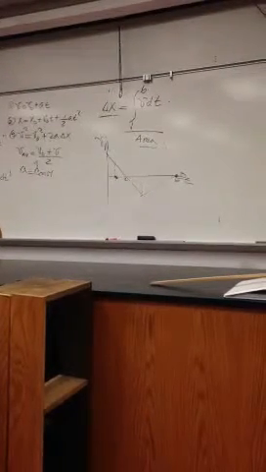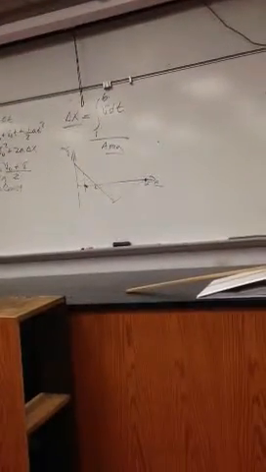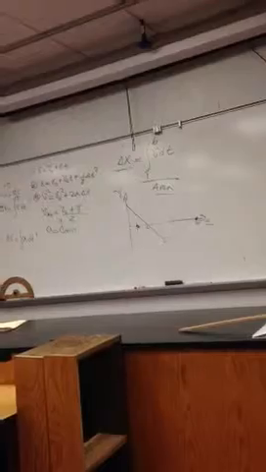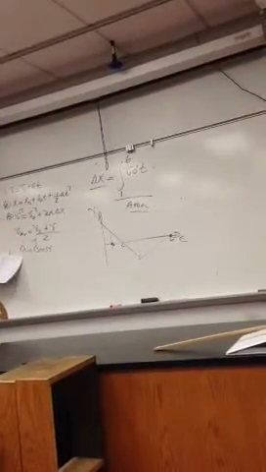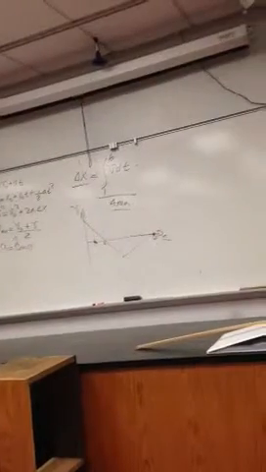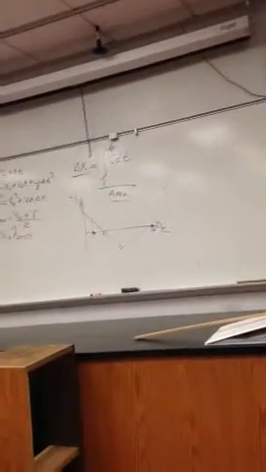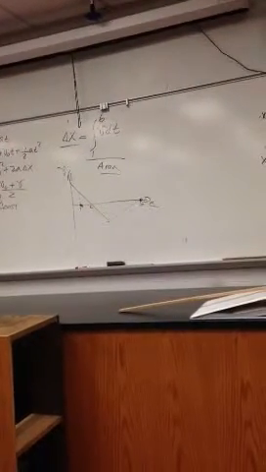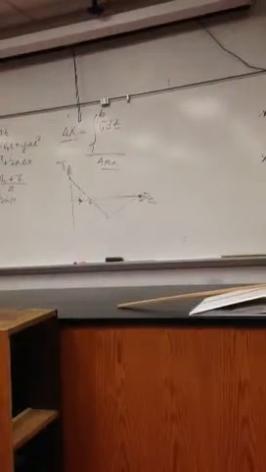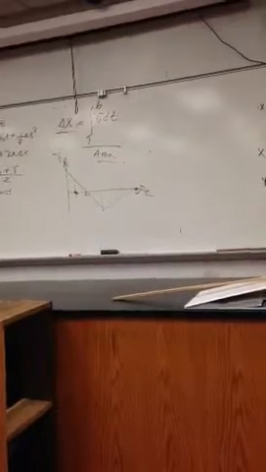19 is motion at constant acceleration, or uniformly accelerated motion, which is this. How do we proceed here? Simple. A proton moving along the x-axis has an initial velocity of 4 times 10 to the 6 meters per second.